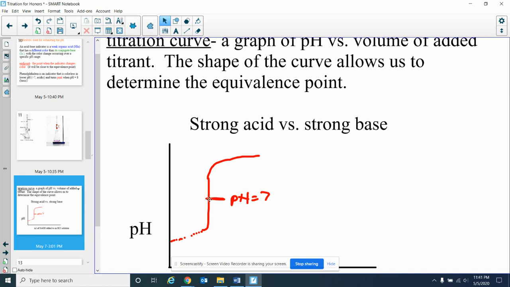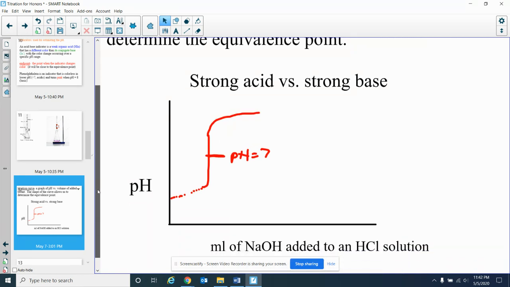So it's impossible to actually stop right at the equivalence point, because one drop takes it from acidic pH to basic pH. So that's why we graph it. And then we know right in the middle of that is the equivalence point. We would be keeping track of how many milliliters of NaOH we added if we were doing NaOH with HCl.